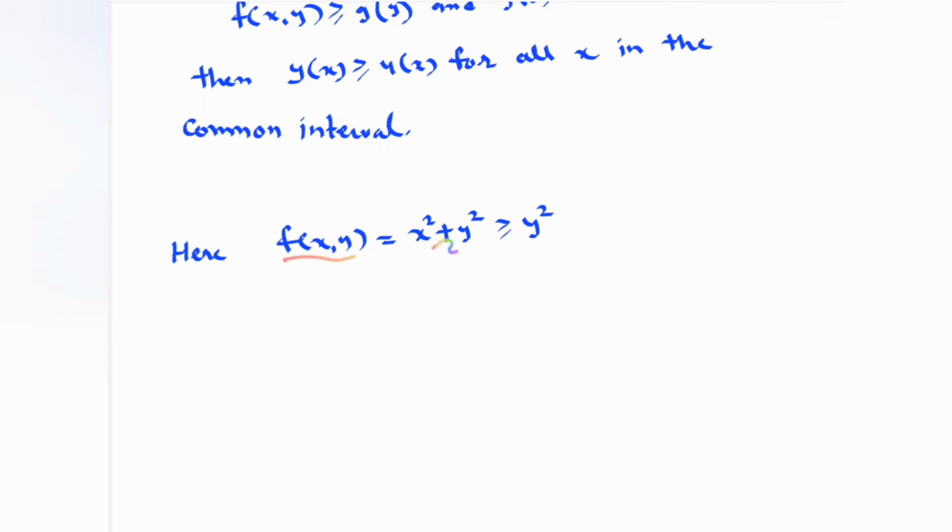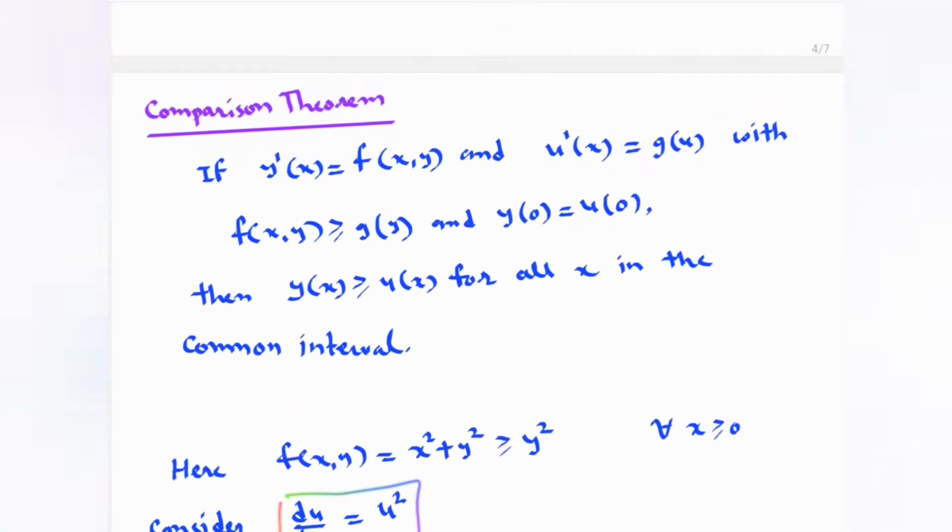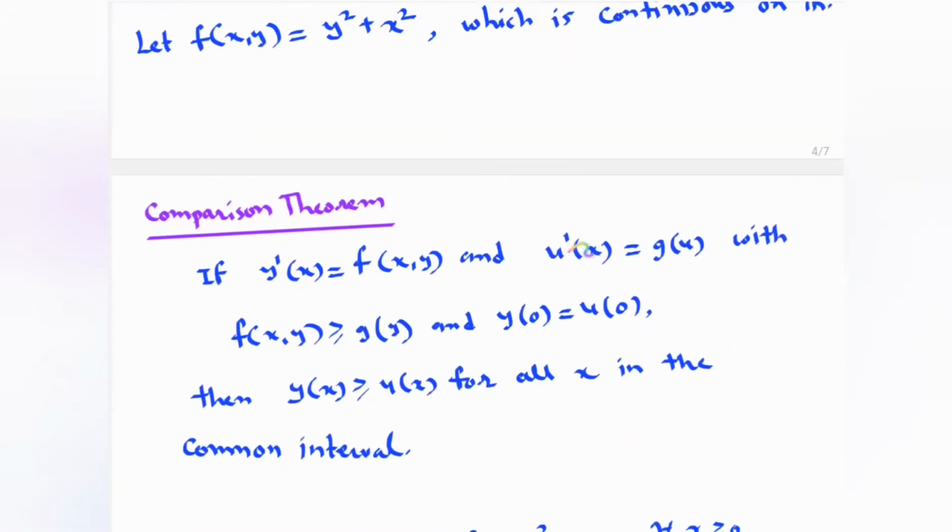So we have f(x,y) equal to x square plus y square, and for x greater than or equal to 0, this is always greater than or equal to y square. So we will consider the initial value problem in the comparison theorem.